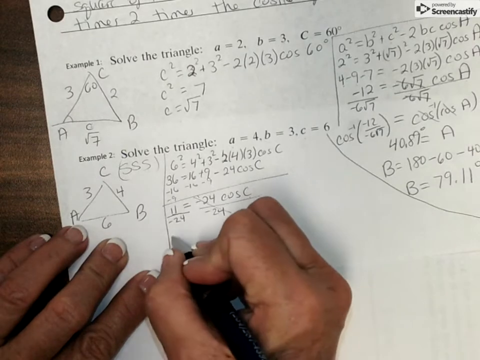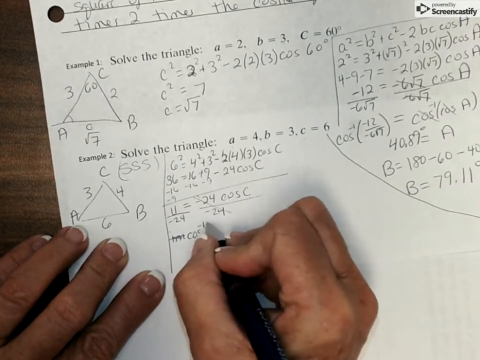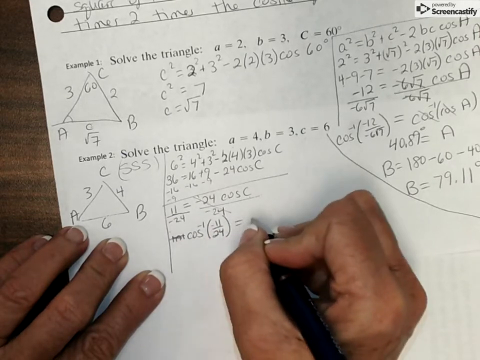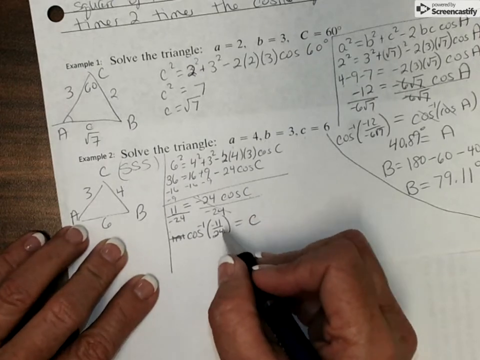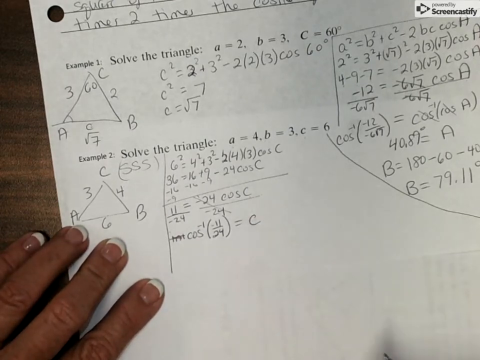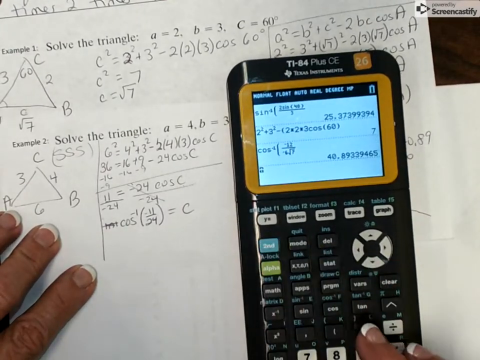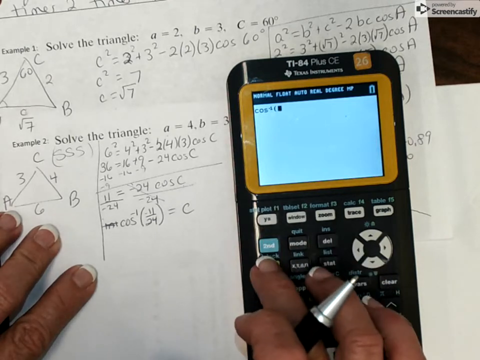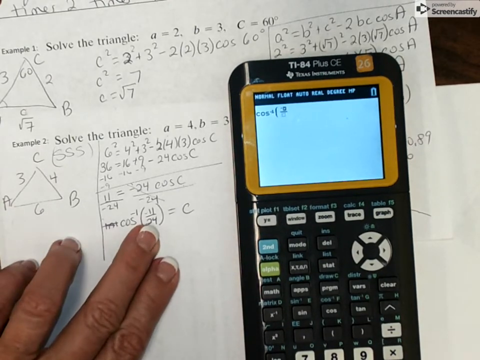So I need to do inverse cosine of negative 11 over 24 will equal C. When we plug this in the calculator, second cosine, and then I want to get my fraction symbol so it's easier to type in, negative 11 divided by 24.